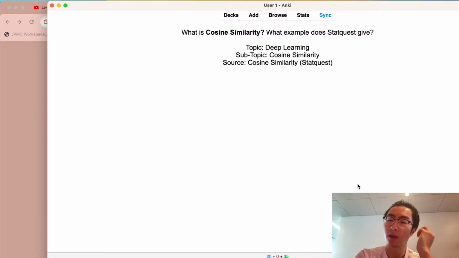Okay, what example does StatQuest give? So StatQuest gives the example where I think you have 2 variables, one for some type of cell or protein in a cell and another for a different type of protein. What he did was graph them on a 2-dimensional axis, and I think ran a regression.